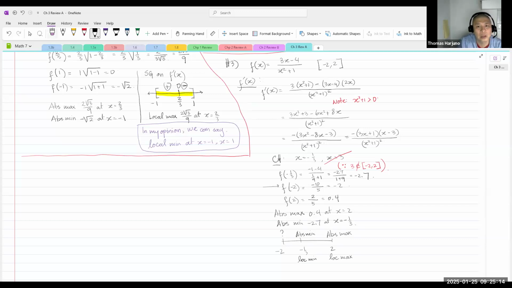Let's check with the sign graph. So the sign graph of f prime of x: we see that it's 0 here, and then it's positive there. So this is negative, this is positive.